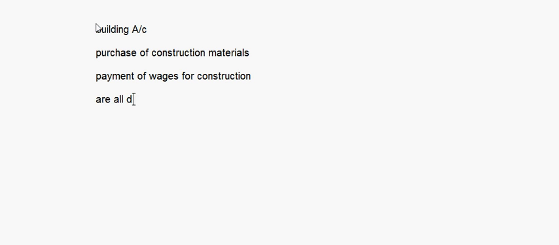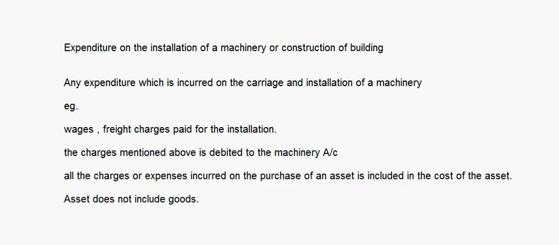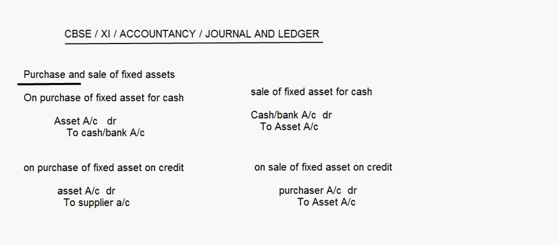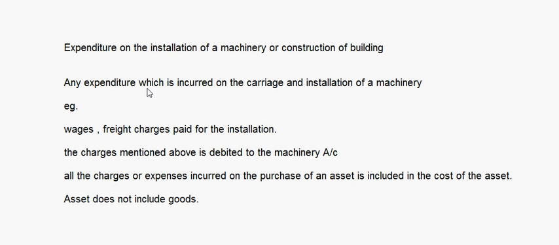These payments are all debited to the building account. Okay, so the purchase and sale of fixed asset, this is the journal entry, and apart from that, if there are any expenses that are related to the installation of a machinery or related to the construction of a building, it's basically debited to the machinery account. Or in the case of any fixed asset, whatever cost is incurred on the purchase of that fixed asset, it is debited to that asset, right?